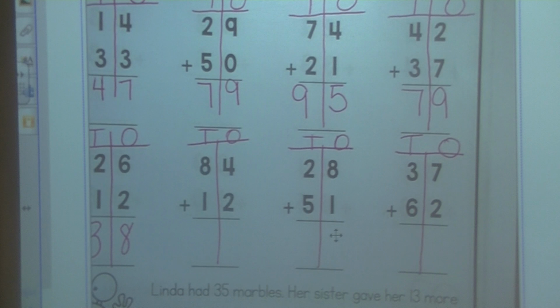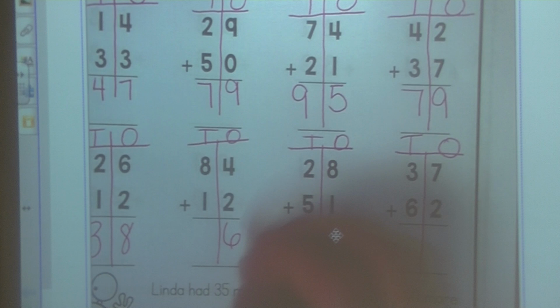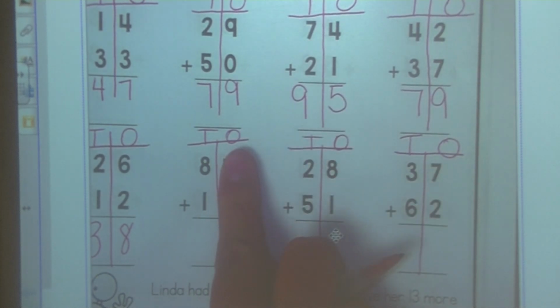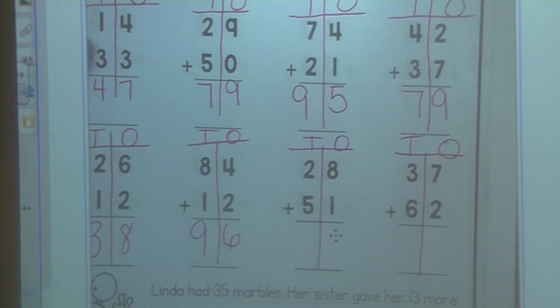The next problem, 84 plus 12, tens hide. 4 plus 2 equals 6. 8 plus 1 equals 9. 96.